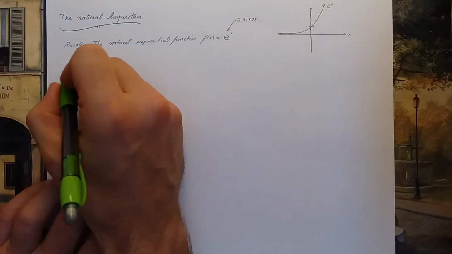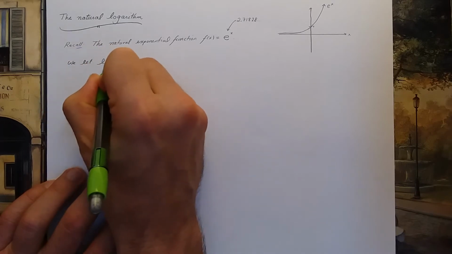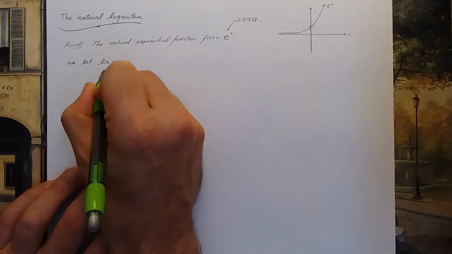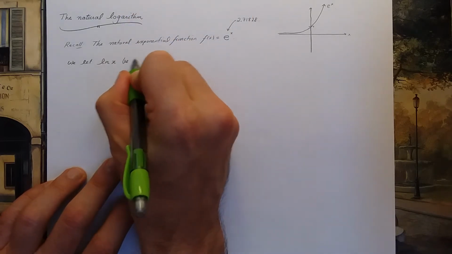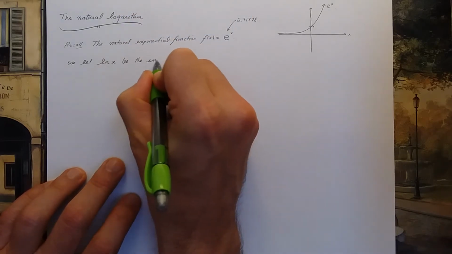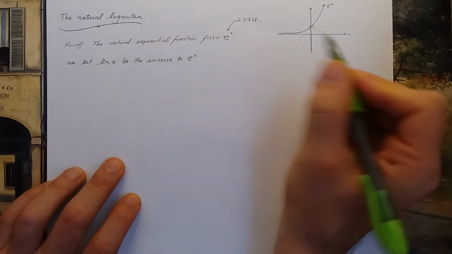So what we do is we let ln x, pronounced log x, be the inverse to e to the x.